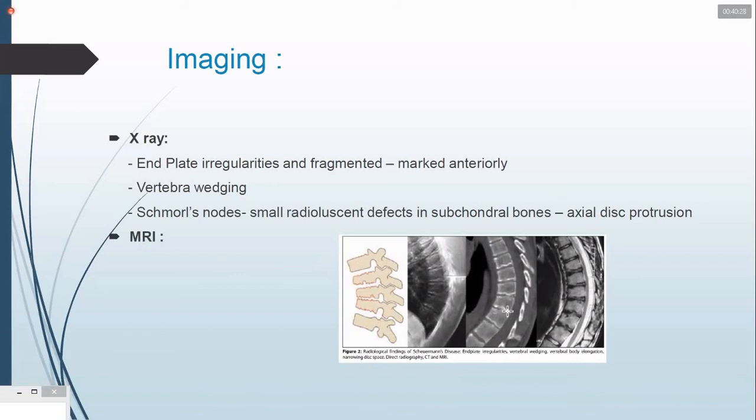This small radiolucency is seen right here. You can see it on the MRI also. These are the Schmorl's nodes. And on MRI, like in this picture, end plate irregularities and wedging can be appreciated.